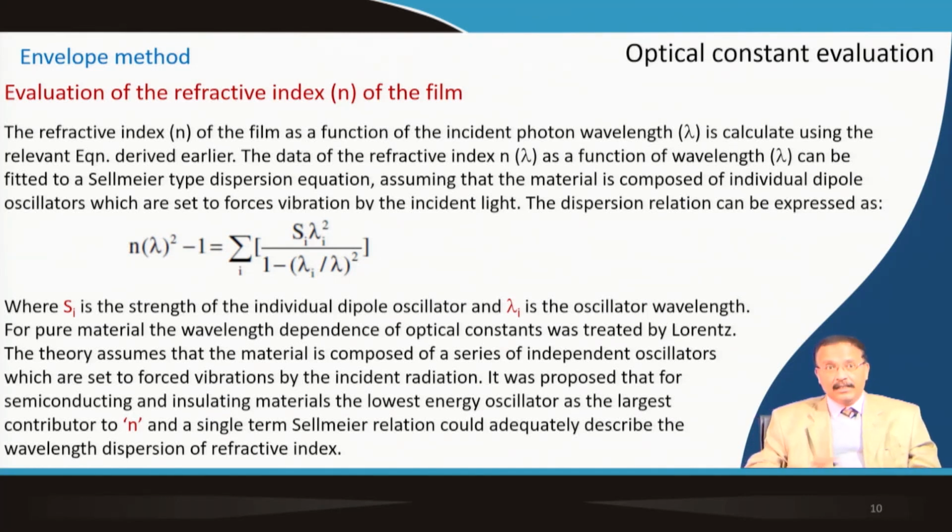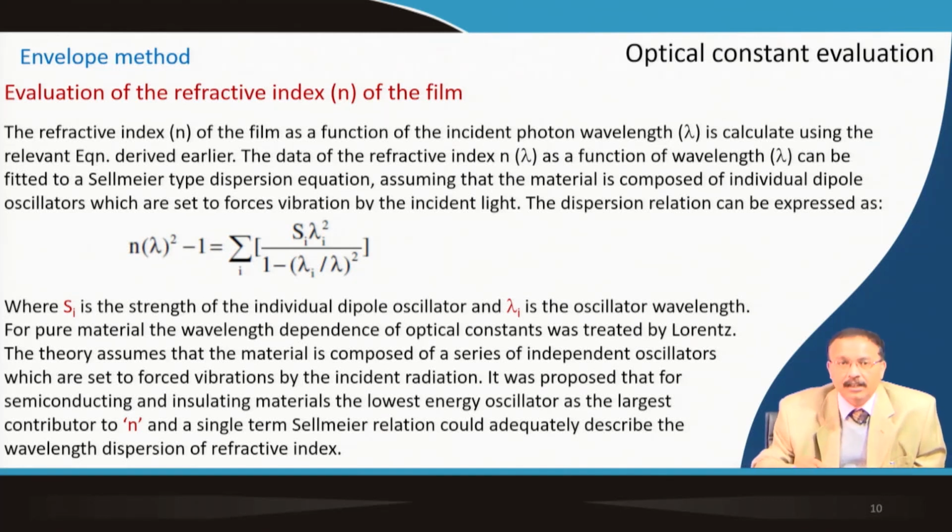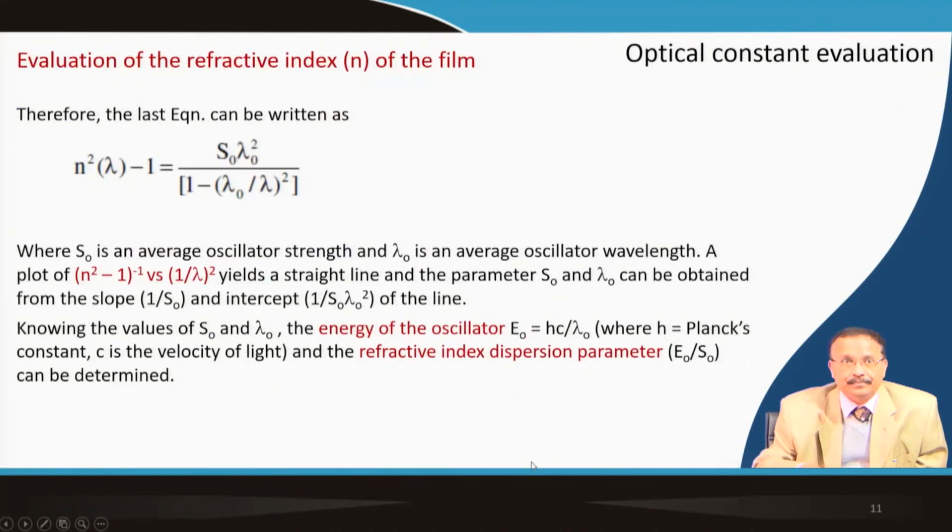So, for a semiconducting or insulating material, the lowest energy oscillator is the largest contributor to n. So, a single term of the Sellmeier relation is possible, and that could describe the wavelength dispersion of the refractive index. If you consider only one oscillator, then this relation is valid.